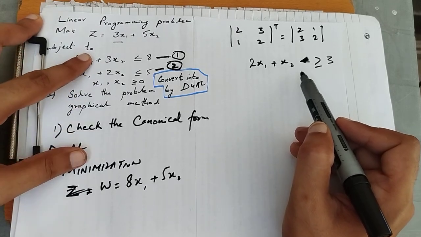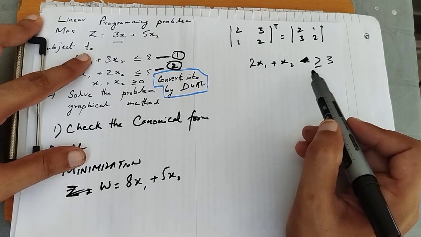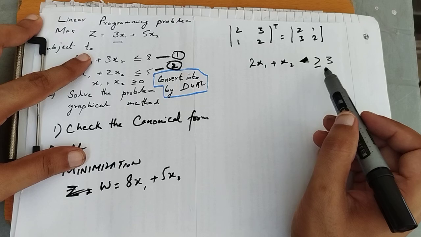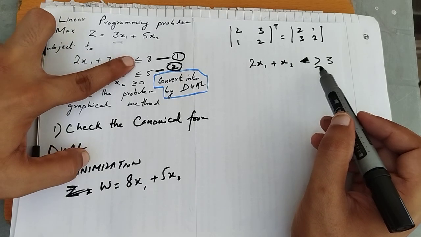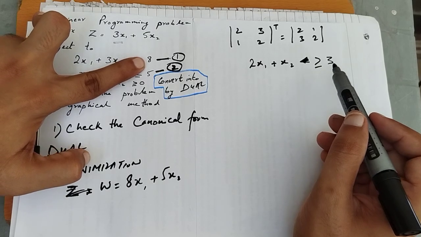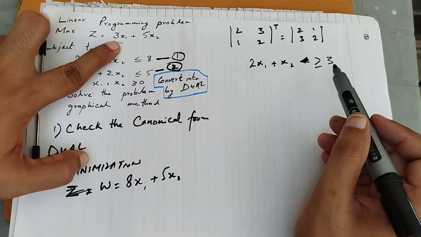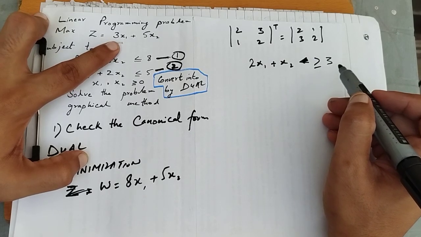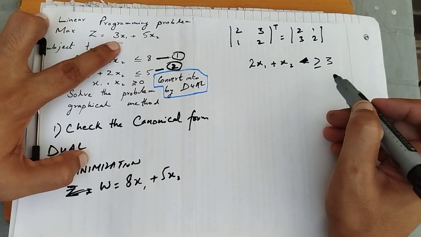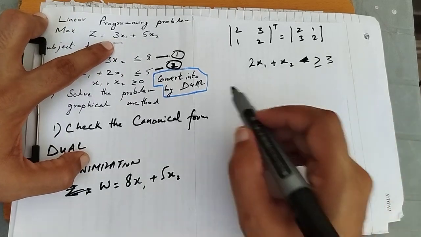Since the objective is minimization, the inequality would be greater than instead of less than. With the right hand side, we take the x1 coefficient from the objective function, that is 3.